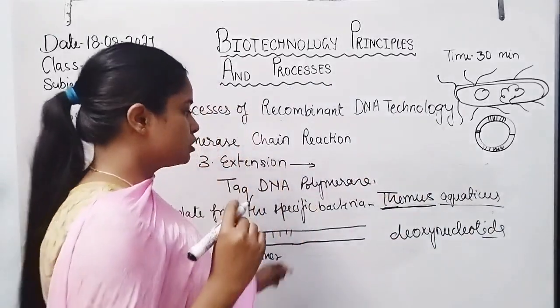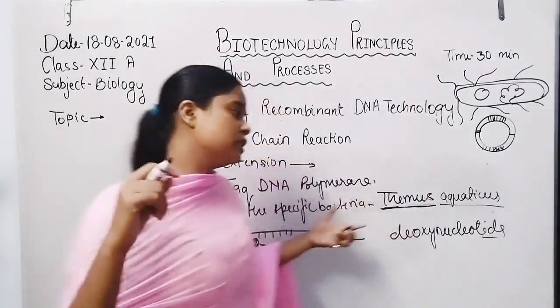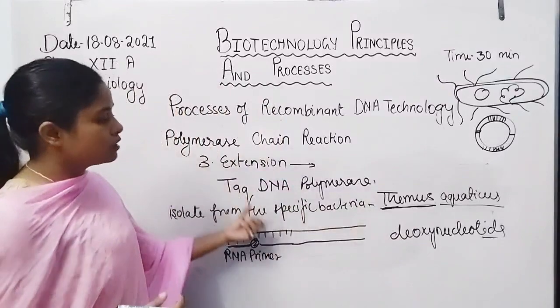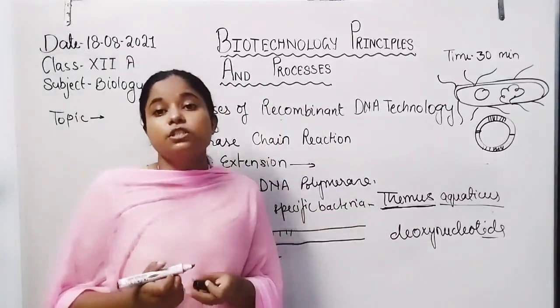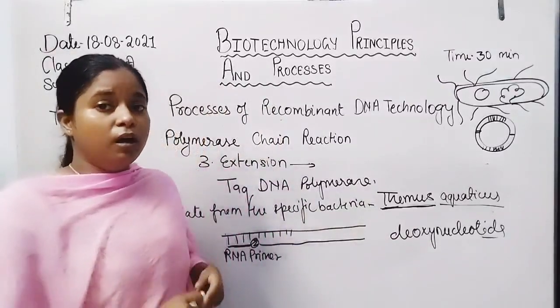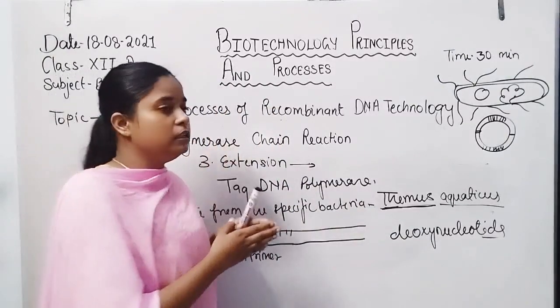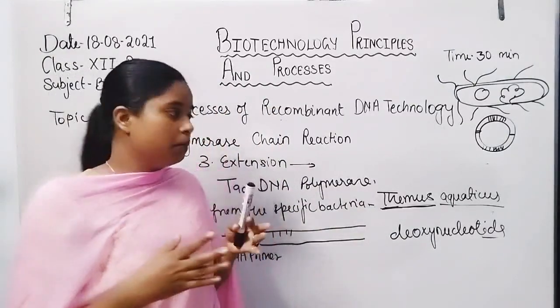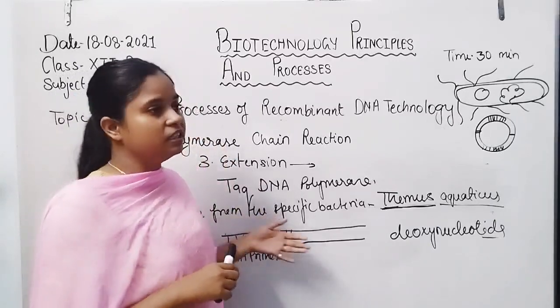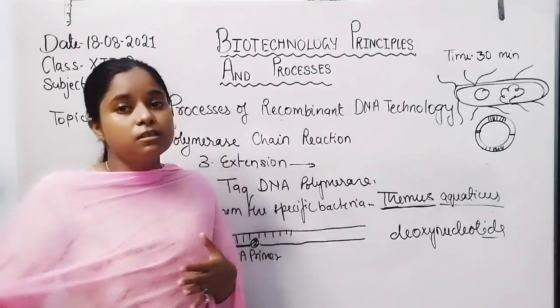So we use deoxynucleotides plus Taq polymerase for the extension of the new strand of DNA, and through PCR we increase the number of our desired gene by billions of times.